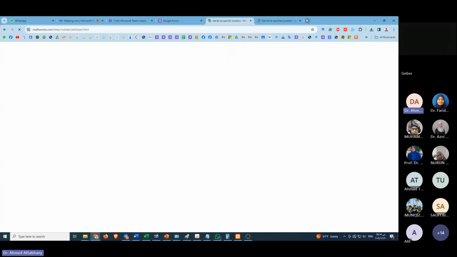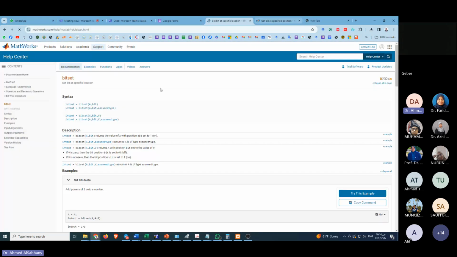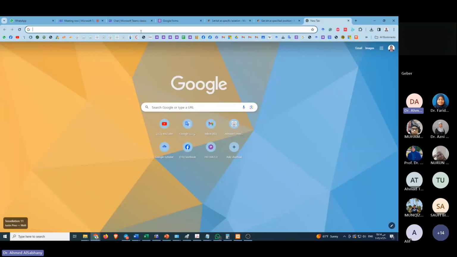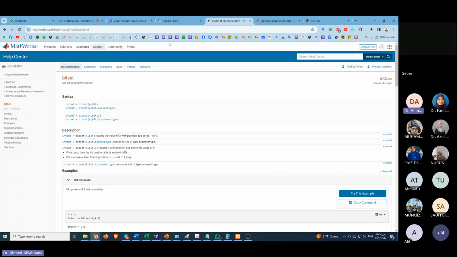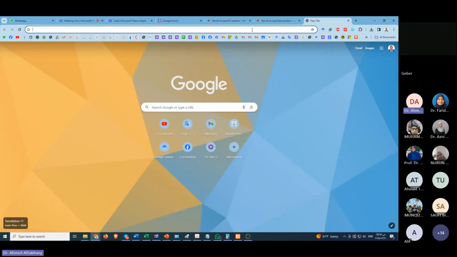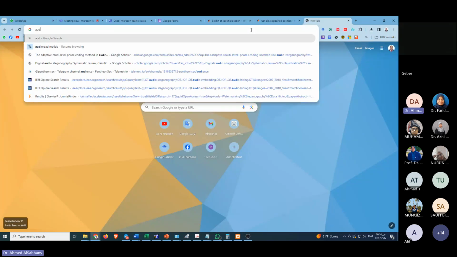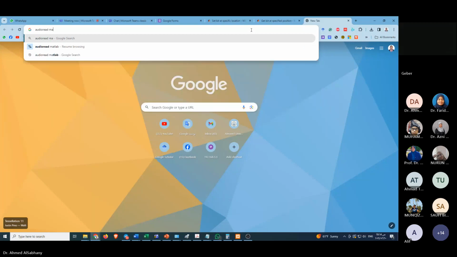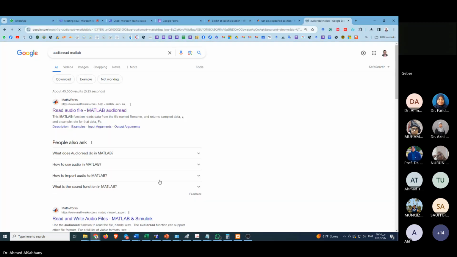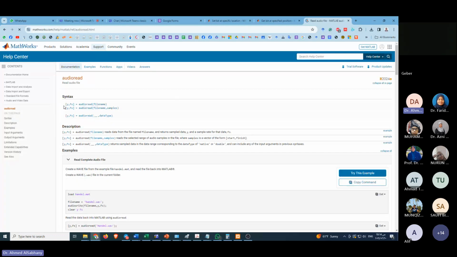So basically, if we are using MATLAB, we can read an audio signal simply by using the function audioread. We store the audio signal itself in Y and the sampling frequency in Fs.